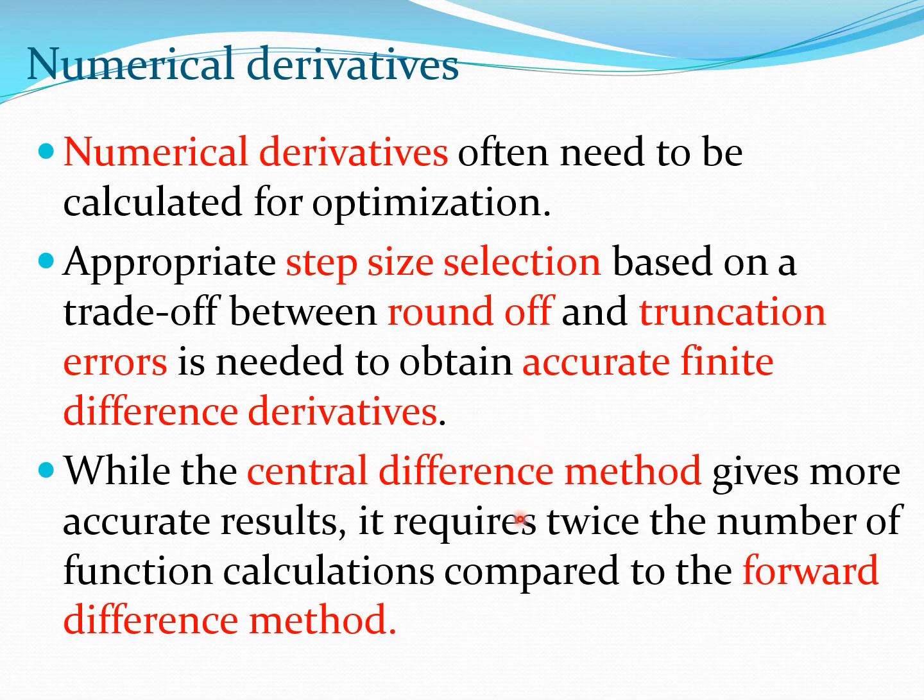Now, central difference formulas will give you better results in terms of reduced truncation. But the problem is you need to calculate one more function here. So the central difference method would require you to calculate f(x + h) and also f(x - h). And that would require more computer time compared to the forward difference method where you need to calculate f(x + h), and you should have f(x) normally at your current point.